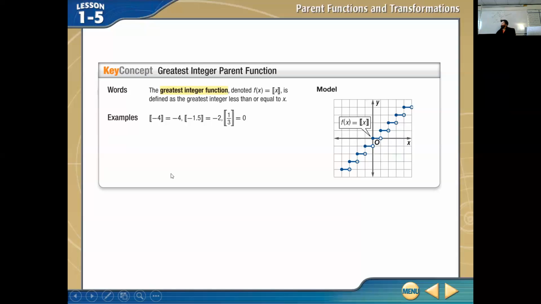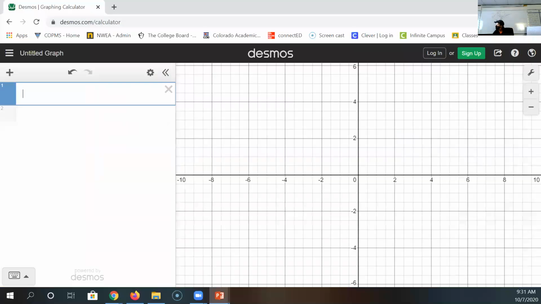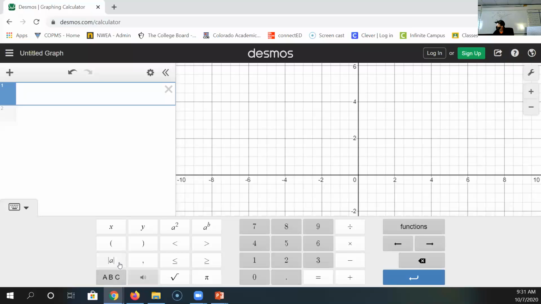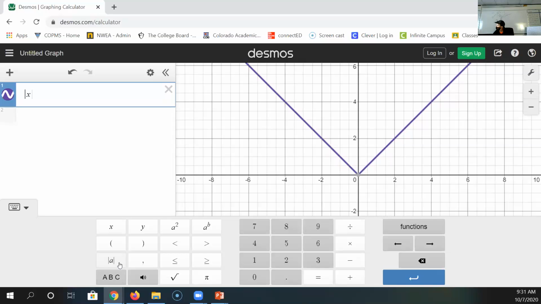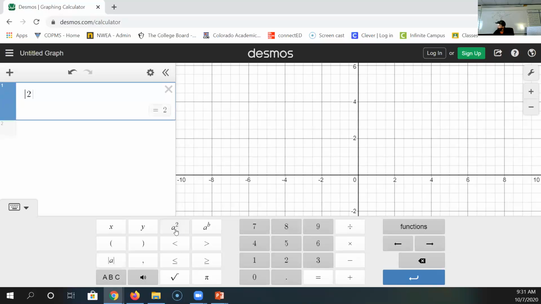Okay, this one, it's a little bit intimidating, but it's really a pretty easy function. In Desmos, the way that you would put these in, this A with the brackets here corresponds to your absolute value function. You have A squared, that allows you to put an exponent in.